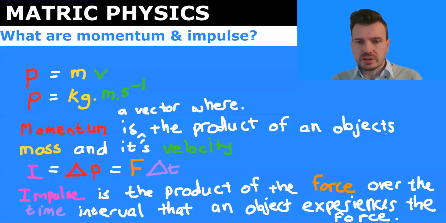So mass is kilograms, and then acceleration is meters per second squared.